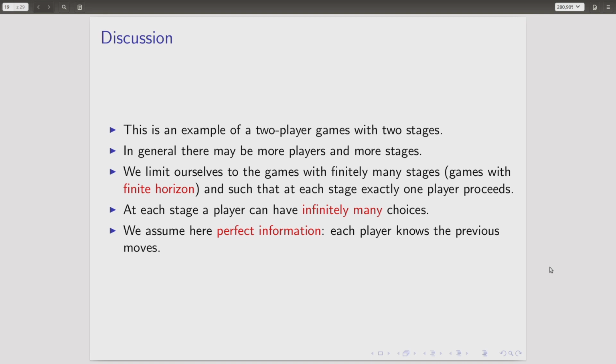So now let us jump forward. What I showed on the previous slide was a game for 2 players, and the game had 2 stages. Now, in general, there can be several players and more stages. Just think of chess for more stages, but you can easily imagine games where more players are involved.